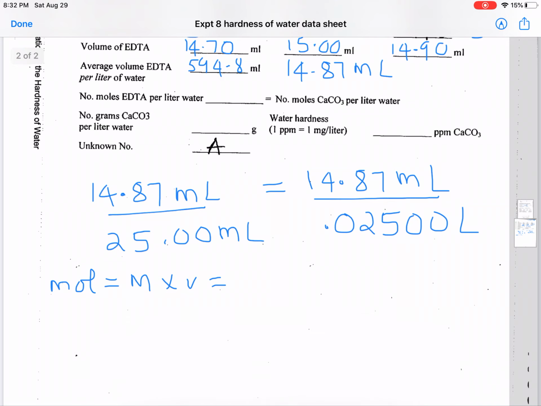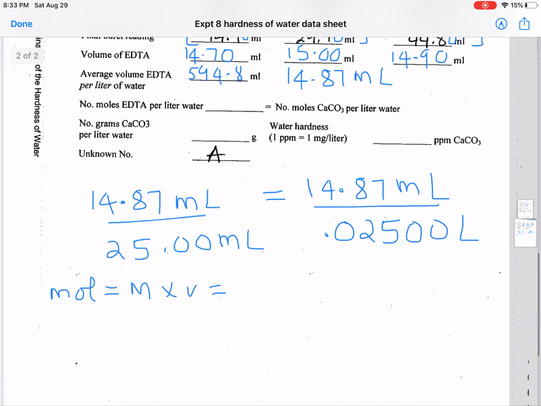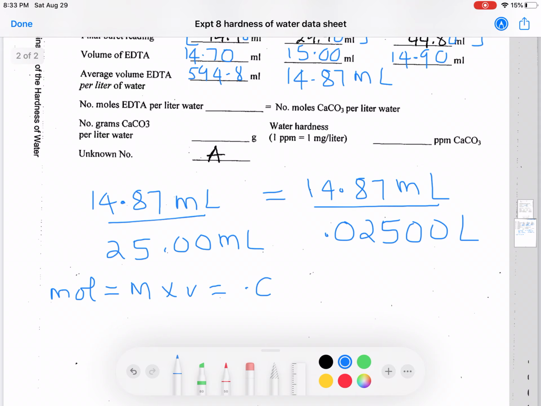So 0.0113 moles per liter times 594.8, which I convert to liters. Let's do this calculation. I haven't done this calculation. Let's see, 594.8. Oops, you don't need that decimal right there. I already did that.